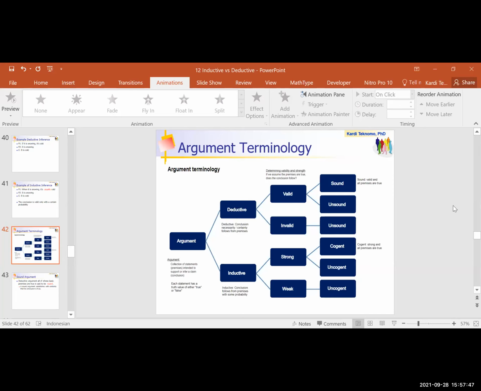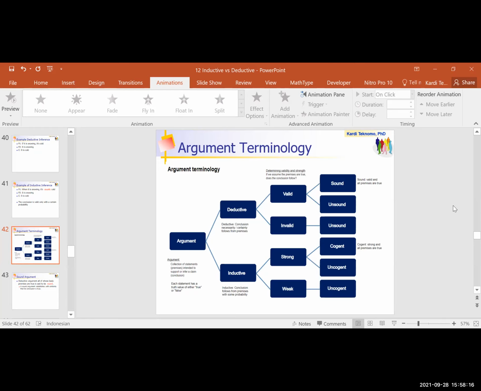So why can weak not be cogent? Cogent means strong and all the premises are true. But if it's weak and all the premises are true, yes, but it's weak. So weak means you are not sure already, right? Weak means unsure.